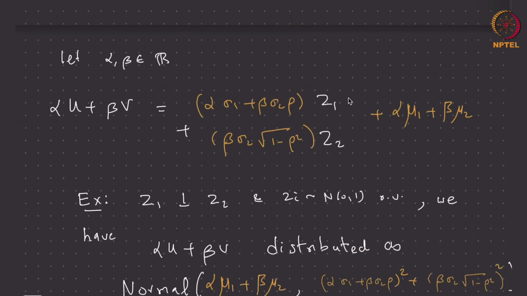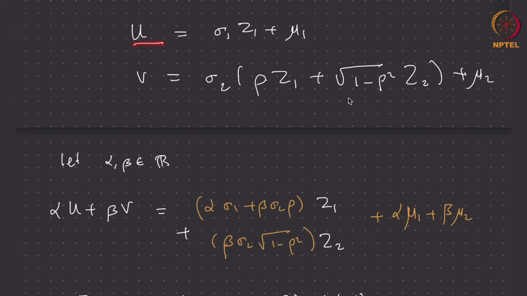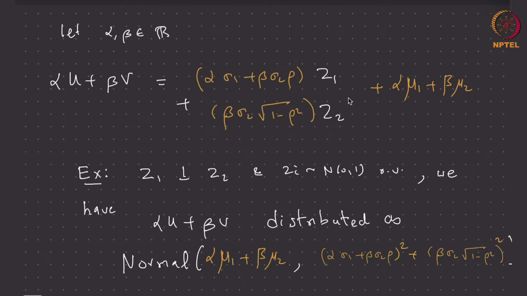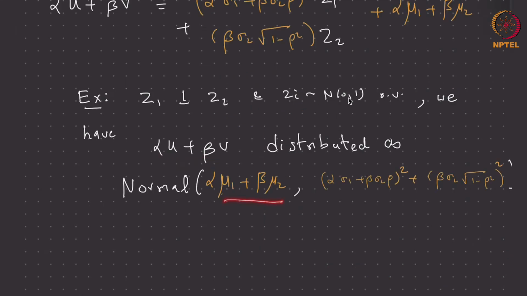So what I do, I start off with u and v like this, and alpha u plus beta v is normal with this parameter as mean and this parameter as variance. This is what we do first.